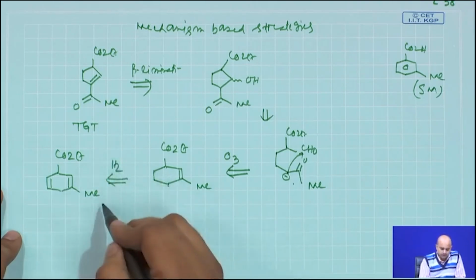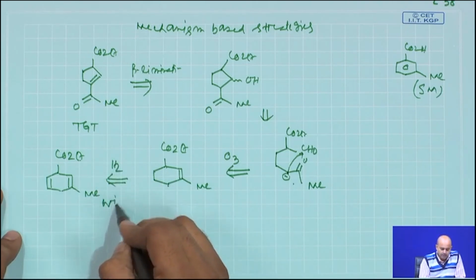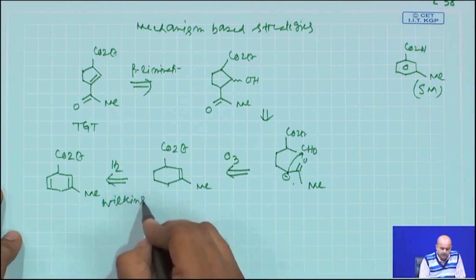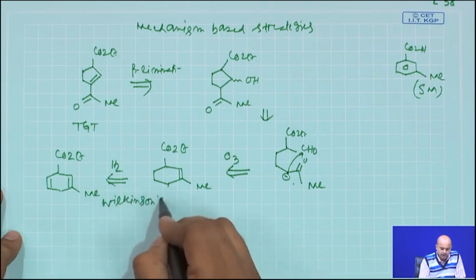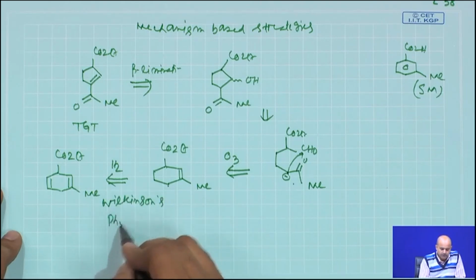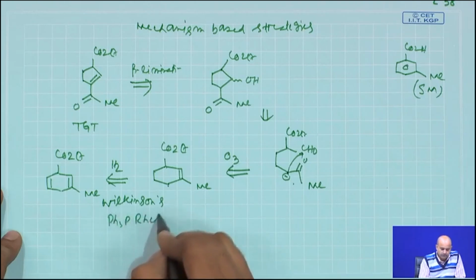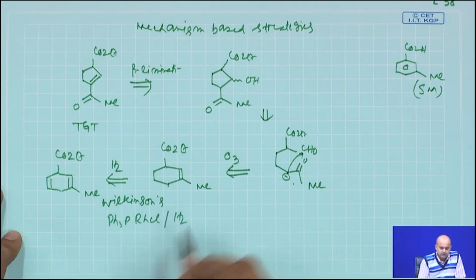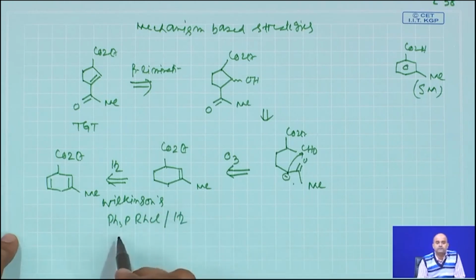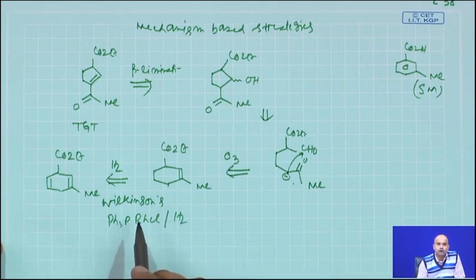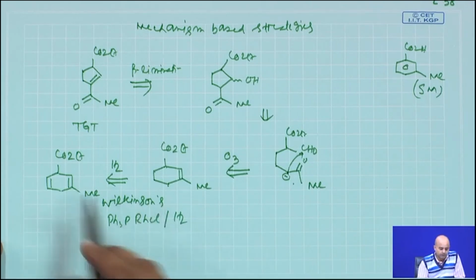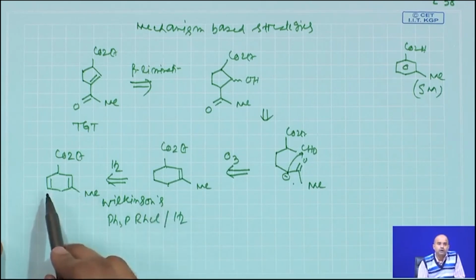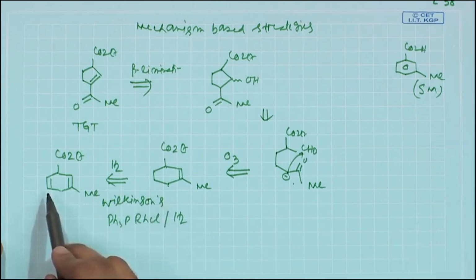Now, last class we have discussed that if you have a homogeneous catalyst like Wilkinson's catalyst, which is basically triphenylphosphine rhodium chloride, and you do a hydrogenation based on this catalyst, as this is a very bulky catalyst, this will always try to ensure the sterically less hindered olefin is reduced faster, and you can control the reduction.